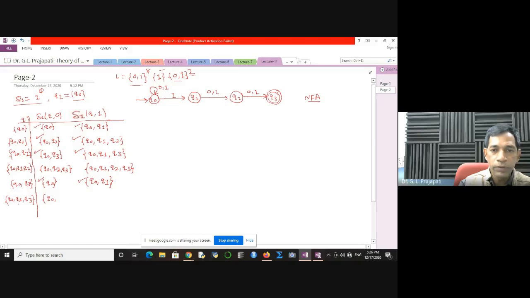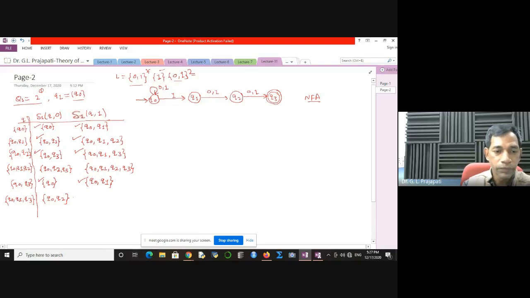If you are at Q1, input is 0, your machine goes to the state Q2. If you are at Q3, input is 0, your machine goes to the empty state. So if you make the union, this is the state. From Q0 on 0 you go to Q0, from Q1 on 0 you go to Q2, and from Q3 you go to the empty state.